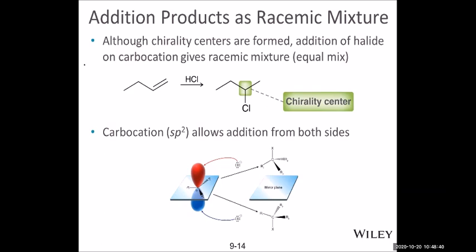But again, because the carbocation is a trigonal planar structure, the last step, where the halide reacts with the carbocation, can happen on both ends. So that's why, in the end, the reaction product is a racemic mixture.